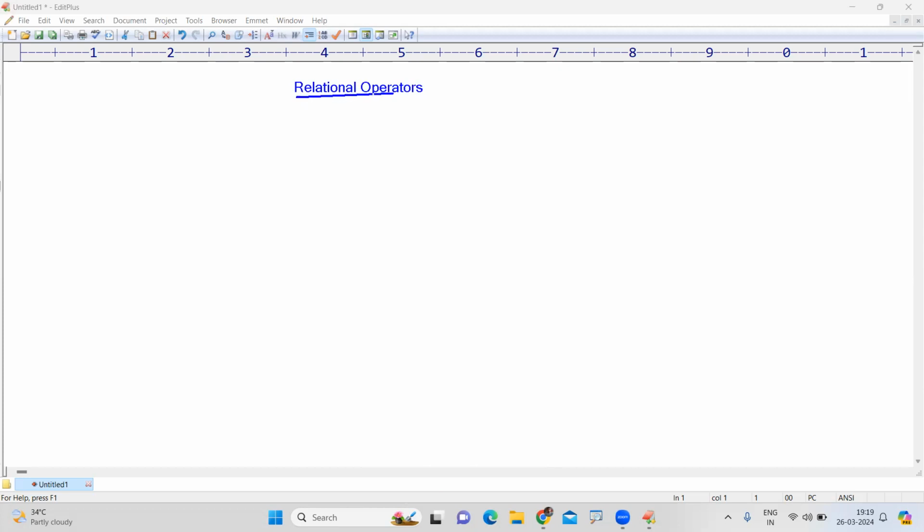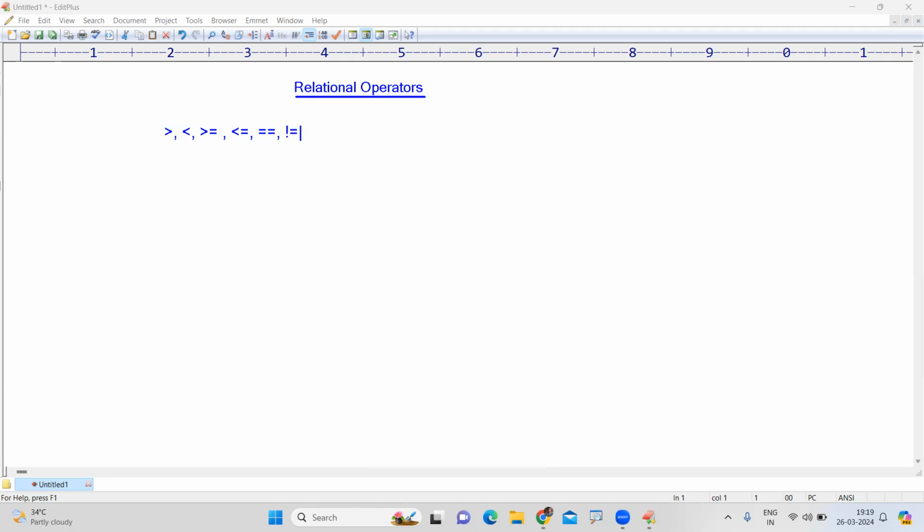In relational operators, you know that 6 operators are there: greater than, less than, greater than or equals to, less than or equals to, equals to, and not equals to.